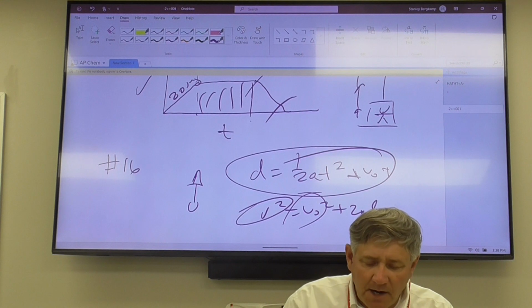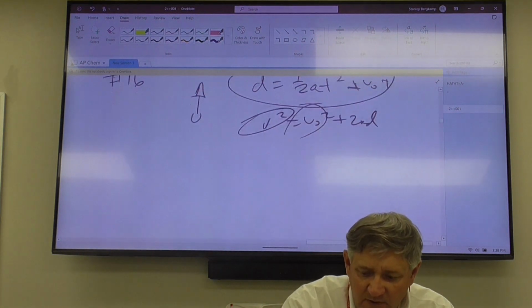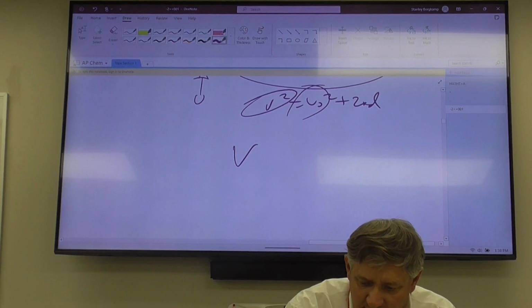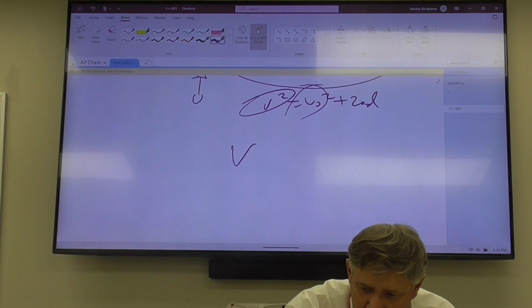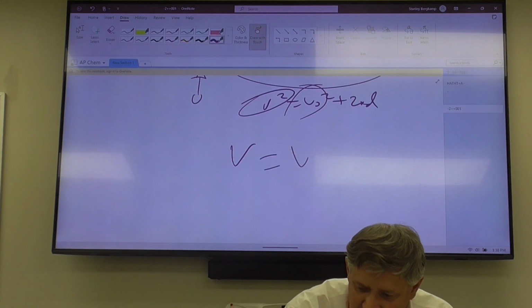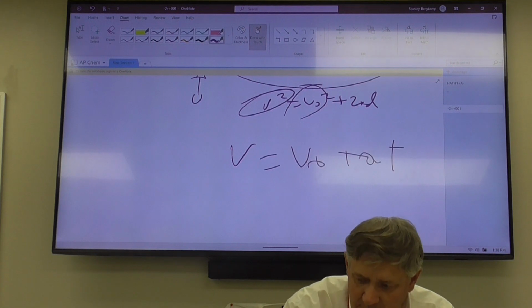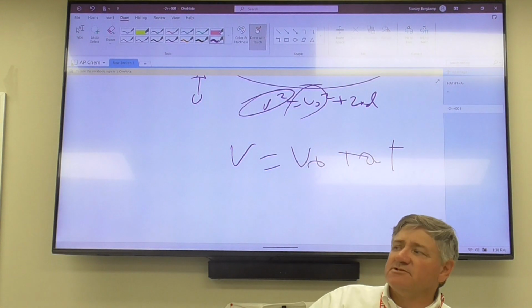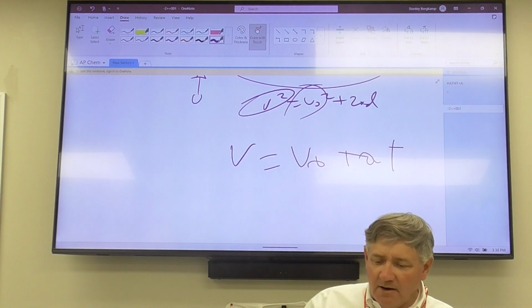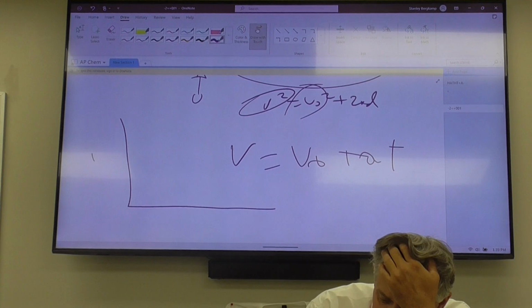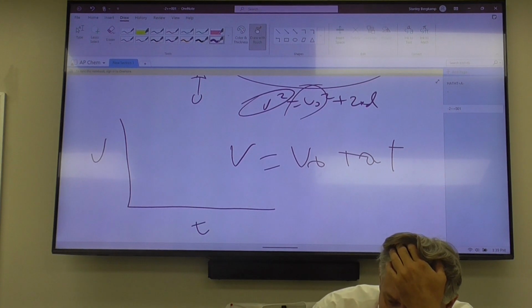Now, on B, to figure out the velocity, the only way you can do 16B, and the only way, is if you use v equals v naught plus a t. You know your initial velocity is 50, you know your acceleration, you know your time. Realistically, don't get lost in the minutia.